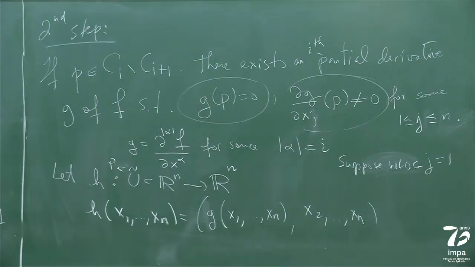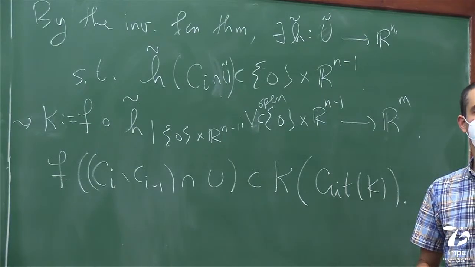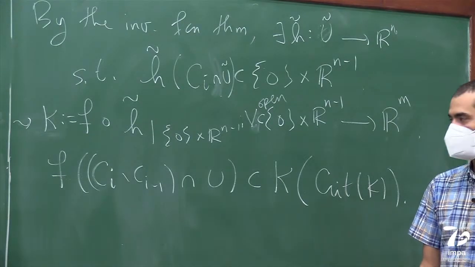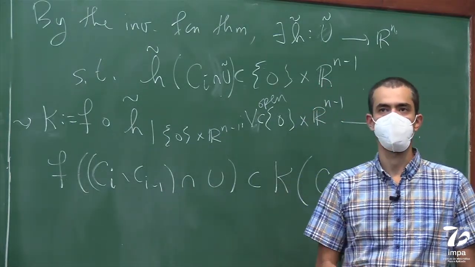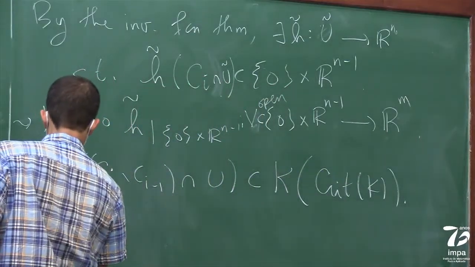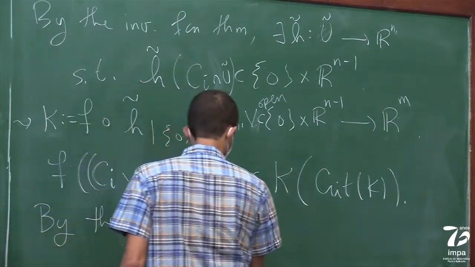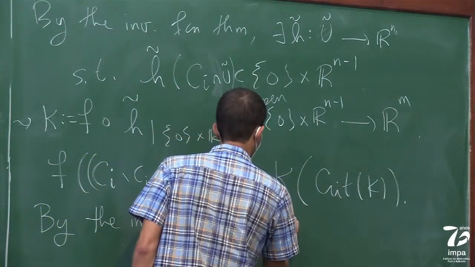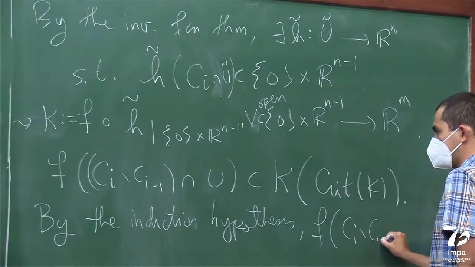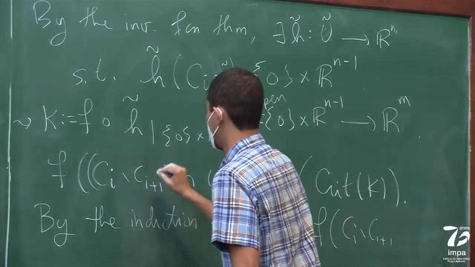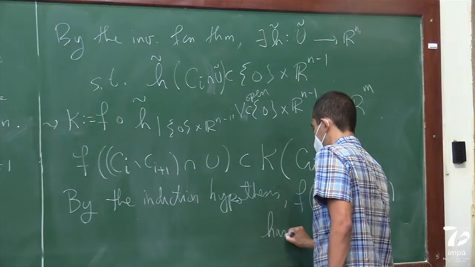But now k is really a function where the domain has one dimension less. So now I can apply the induction hypothesis to say that this now has measure 0. So by the induction hypothesis, f of ci minus ci plus 1 intersected with u has measure 0.